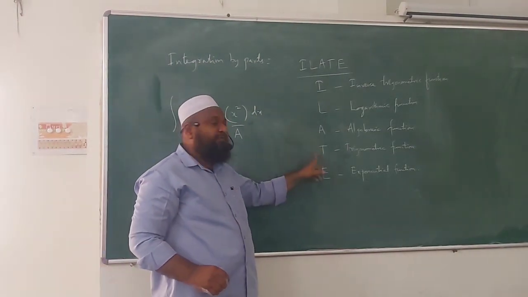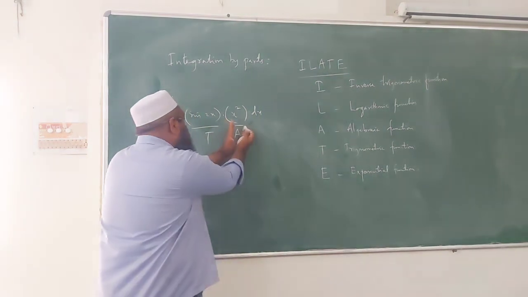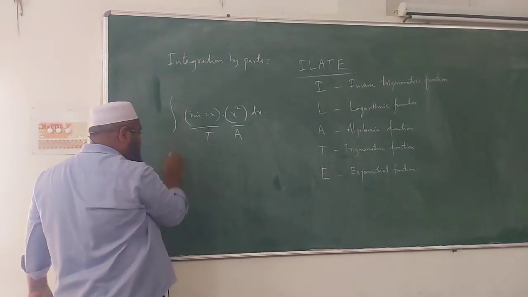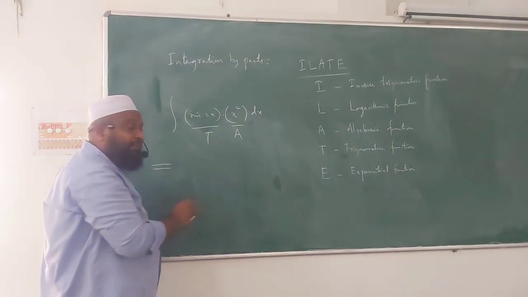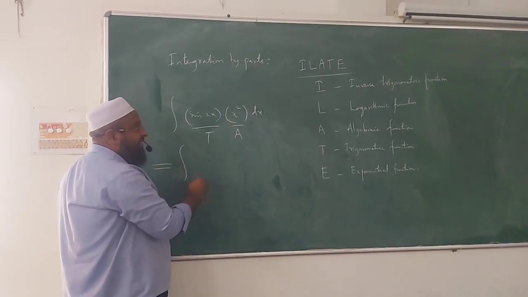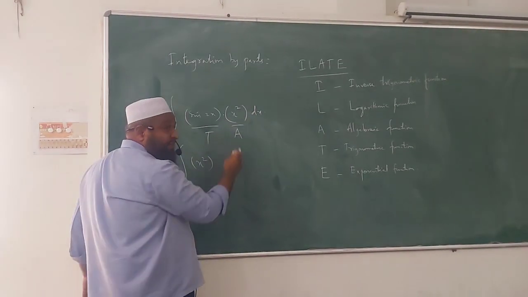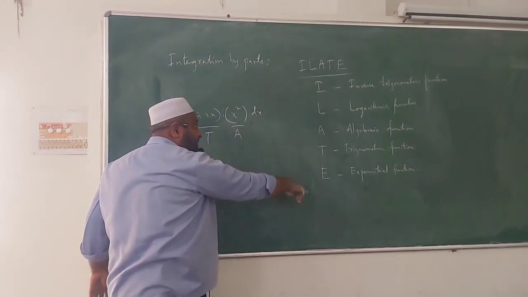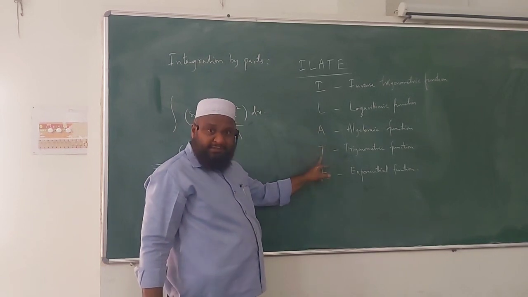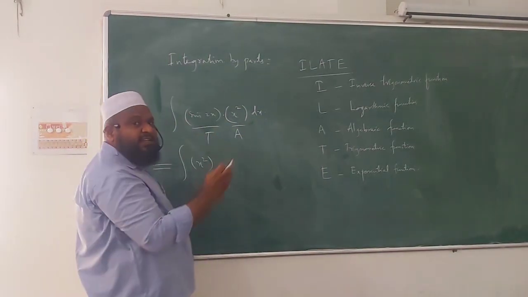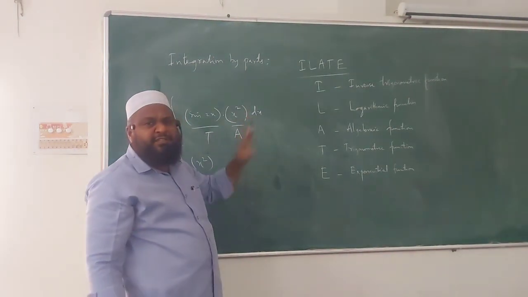A should come before T. So you have to write this A first, this T next. So this integral you should calculate by giving x square the first position. Why is x square coming first? In the order of preference, A comes first, T comes next. So the algebraic function should come first.